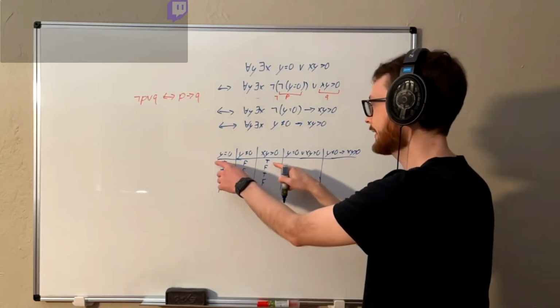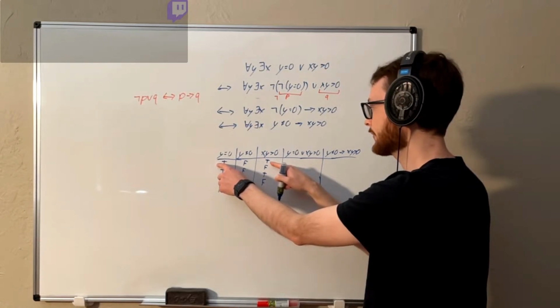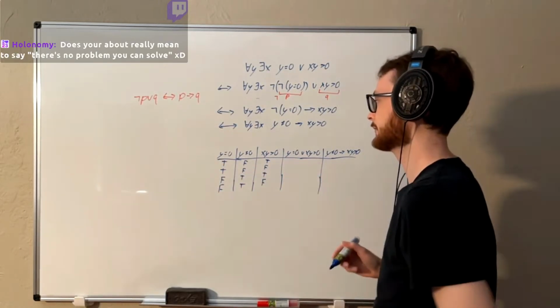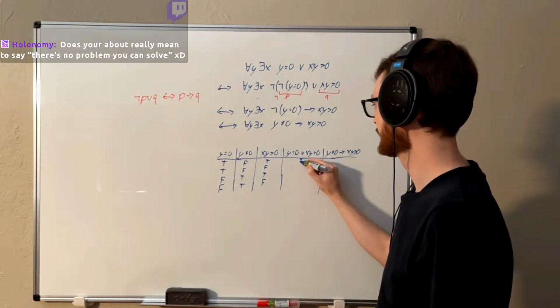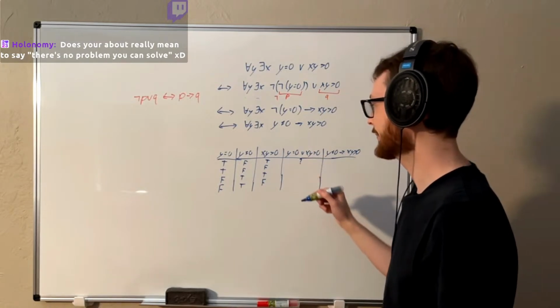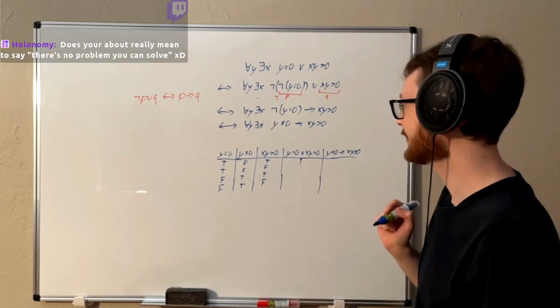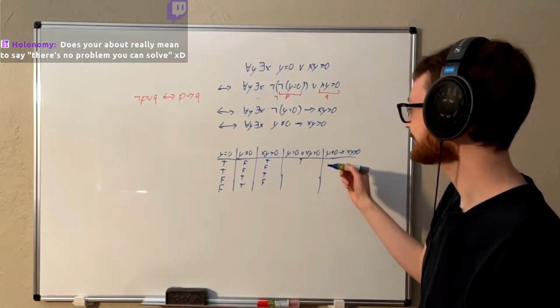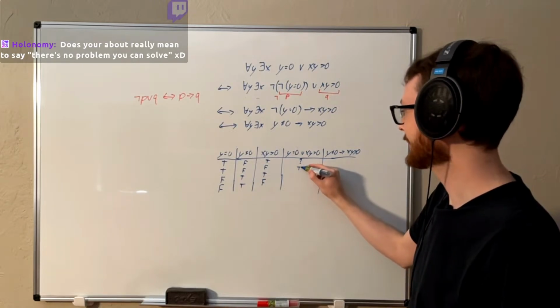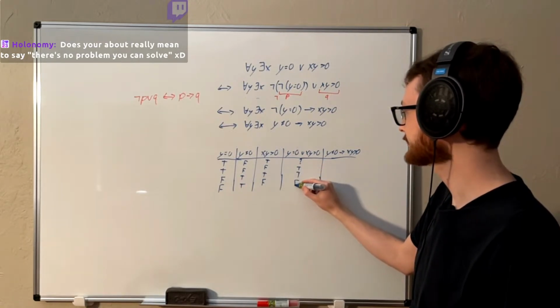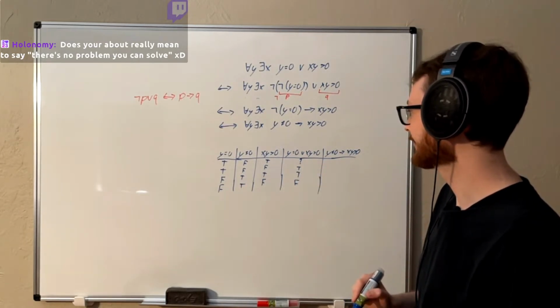Already the weird thing is that these things can't both be true at the same time. So when we come over here, I don't know what to write in that row, so that one's an oddball that makes me think there's something invalid about what I've done here. Otherwise we get true, true, false.